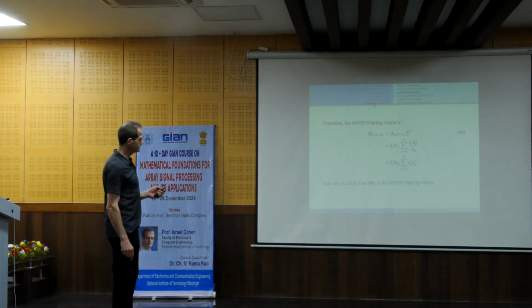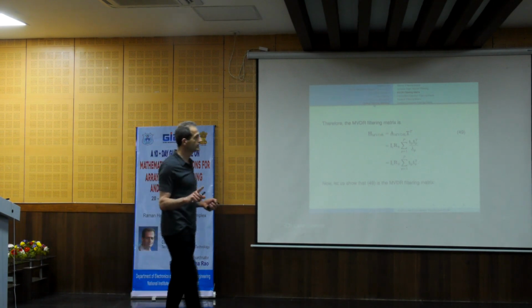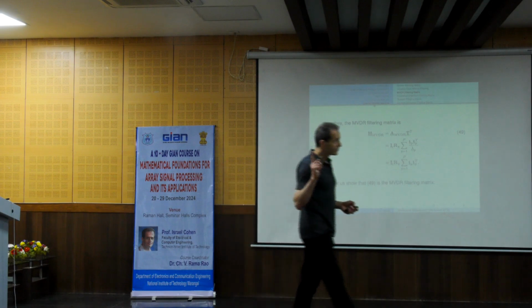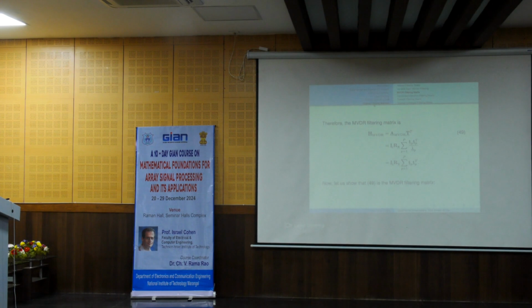Okay, so this is the MVDR. So actually what we got now is 3 more filtering matrices. MVDR, control distortion, and the filter that maximizes the SNR, the maximum SNR filtering matrix that minimizes the distortion.